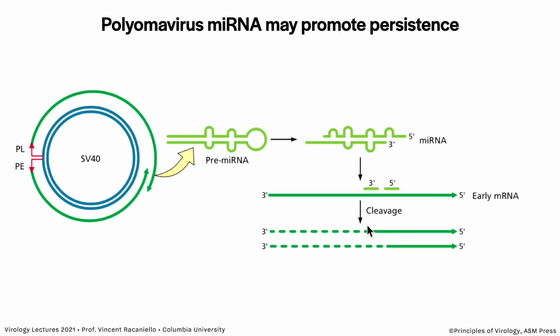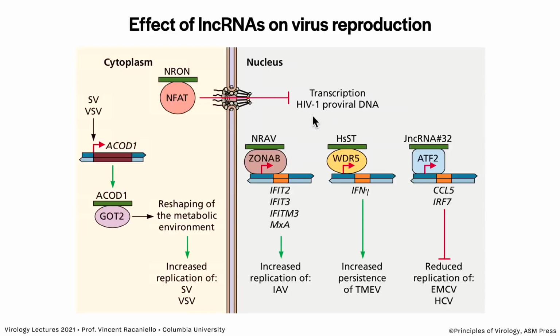Some people feel that these miRs allow the virus to persist longer in the cell. So viral microRNAs can regulate viral gene expression. They can also regulate cellular gene expression. We know viral microRNAs that antagonize immune function in different scenarios. Then there are long non-coding RNAs, and there are many of these in the cell. There are some viral long non-coding RNAs.